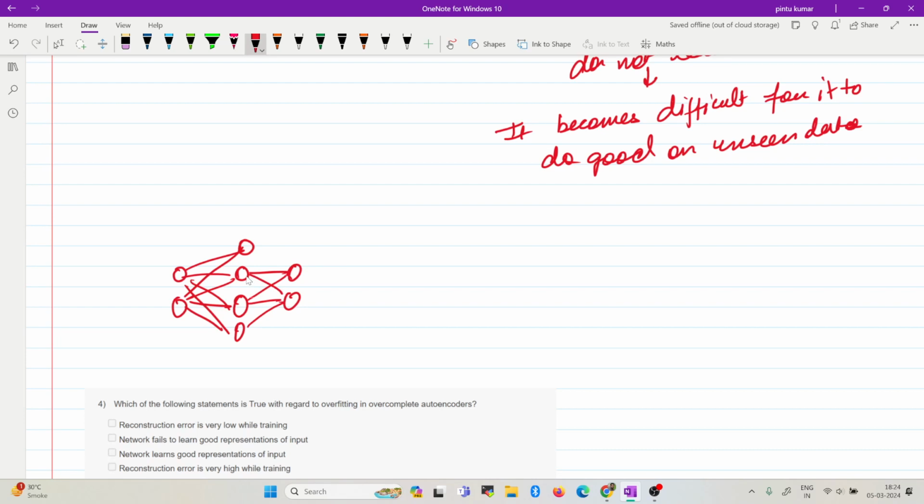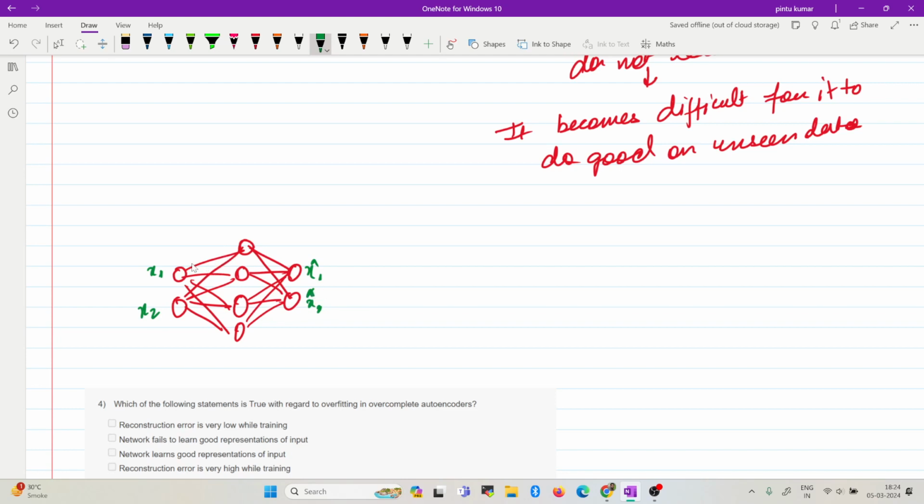If this is x1 and x2, you want the outputs to be equal to x1 and x2.